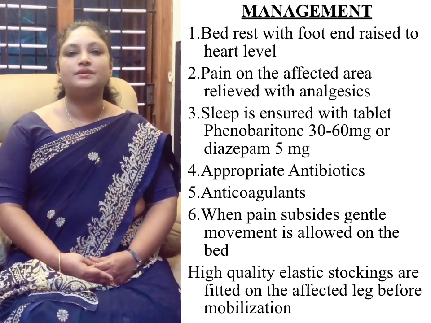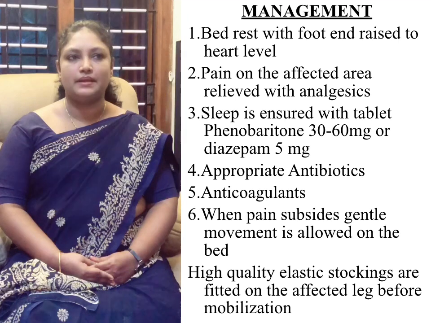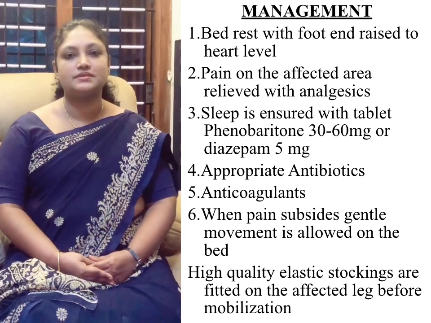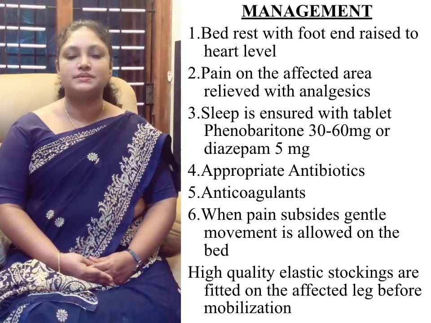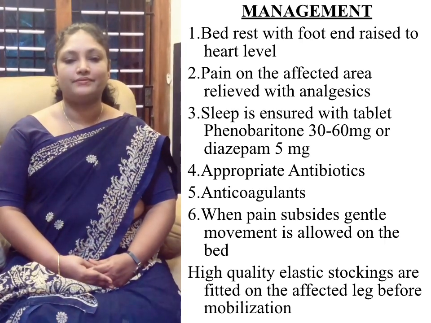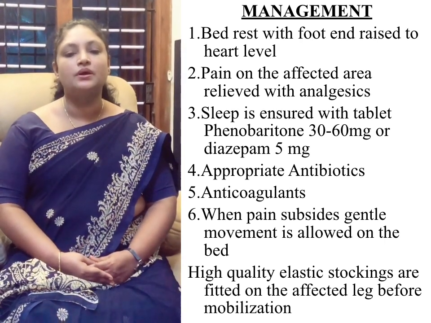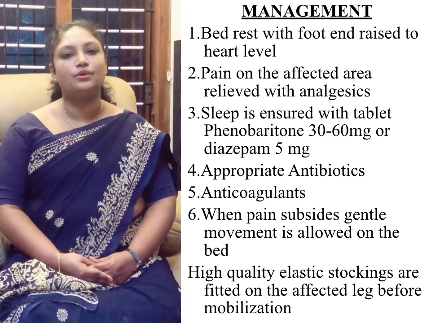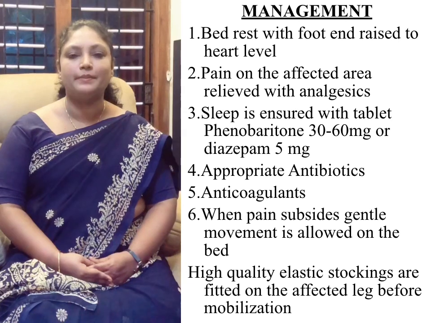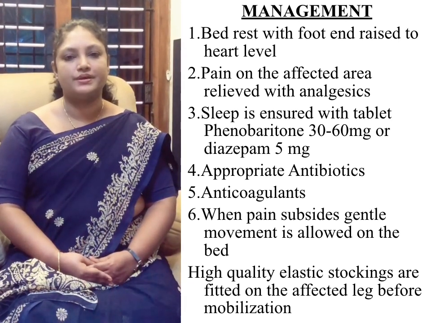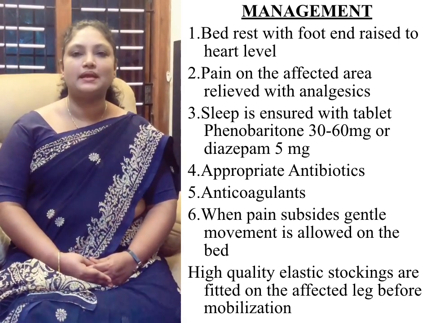The patient will also have disturbed sleep because of the pain or because of the psychological condition. She may not be able to have proper sleep. So when the patient has disturbed sleep, you have to administer tablet phenobarbital 30 to 60 mg or diazepam 5 mg at bedtime as per the doctor's advice. The next one is appropriate antibiotics.